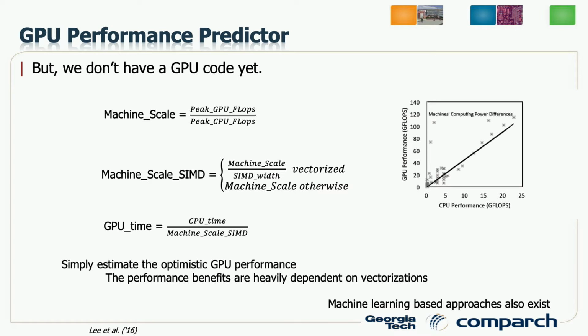So what we did was consider machine scale factors. The most important part of the performance for CPU and GPU is considering the peak GPU performance and the peak CPU performance.